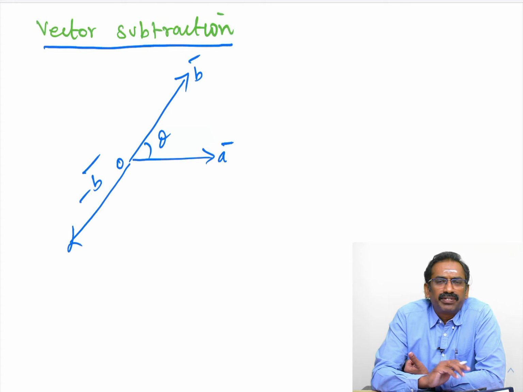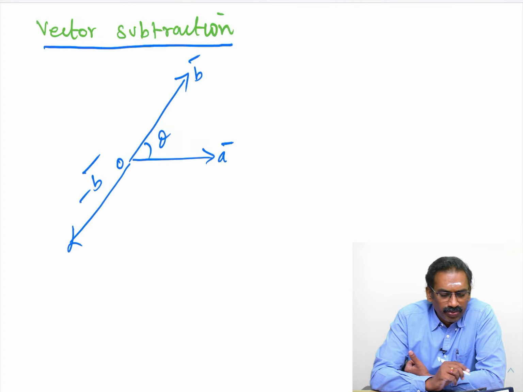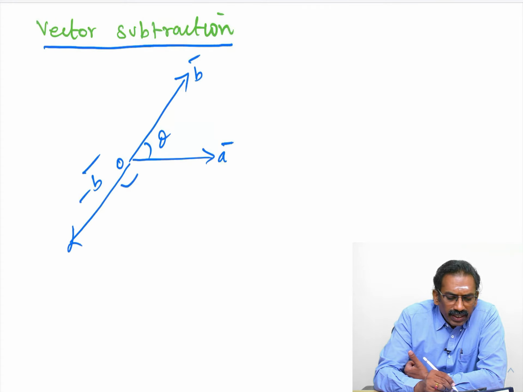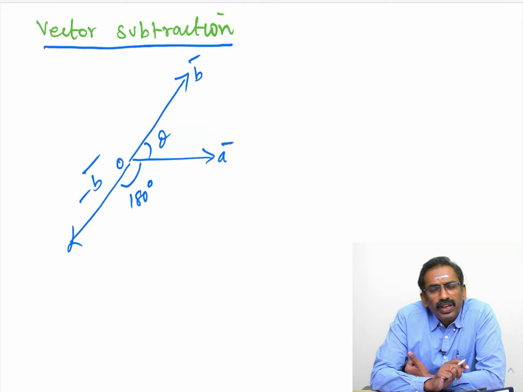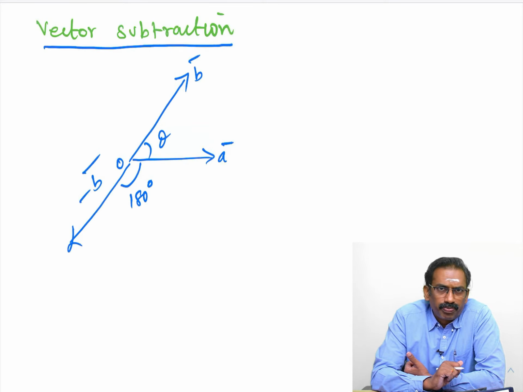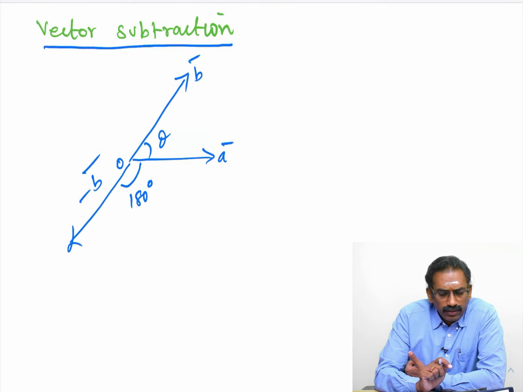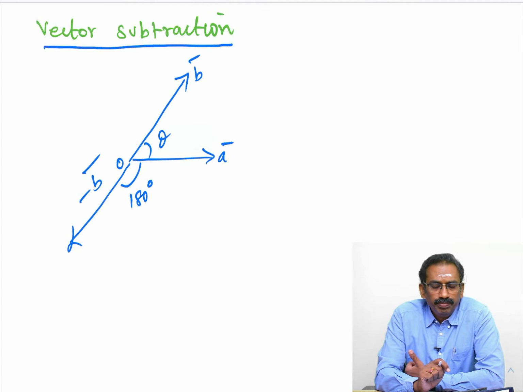That is the subtraction of a vector and b vector. Now the angle between a vector and minus b vector is 180 minus theta. We are going to calculate a vector minus b vector magnitude. We can follow the same principle or method for vector addition.